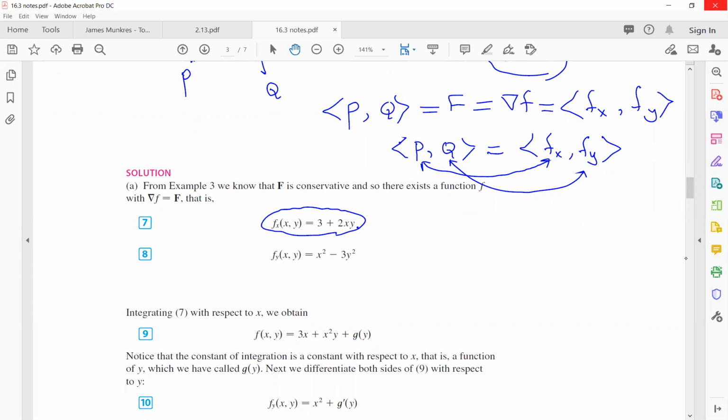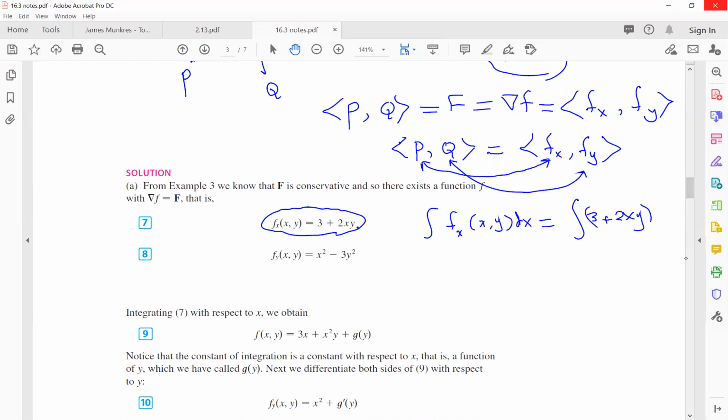We're going to take the integral of these two functions, 3 plus 2xy. We are taking the integral with respect to variable x.